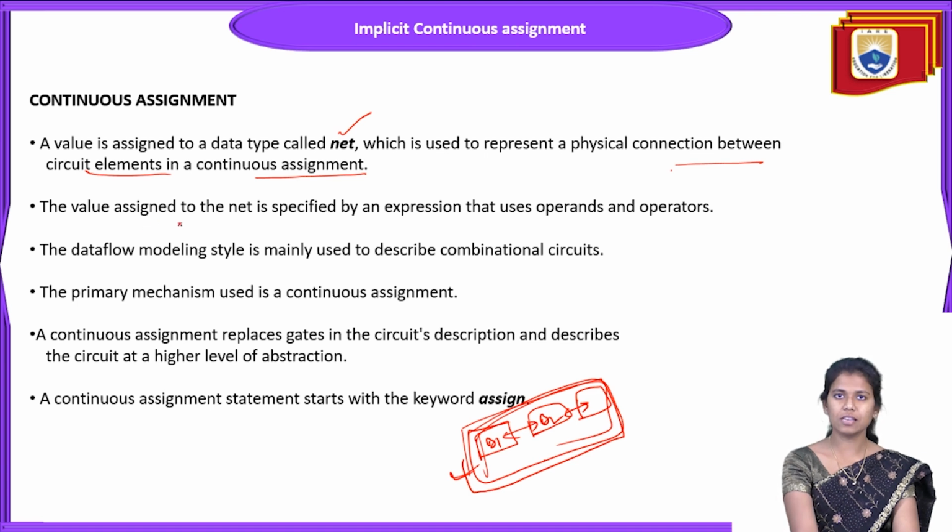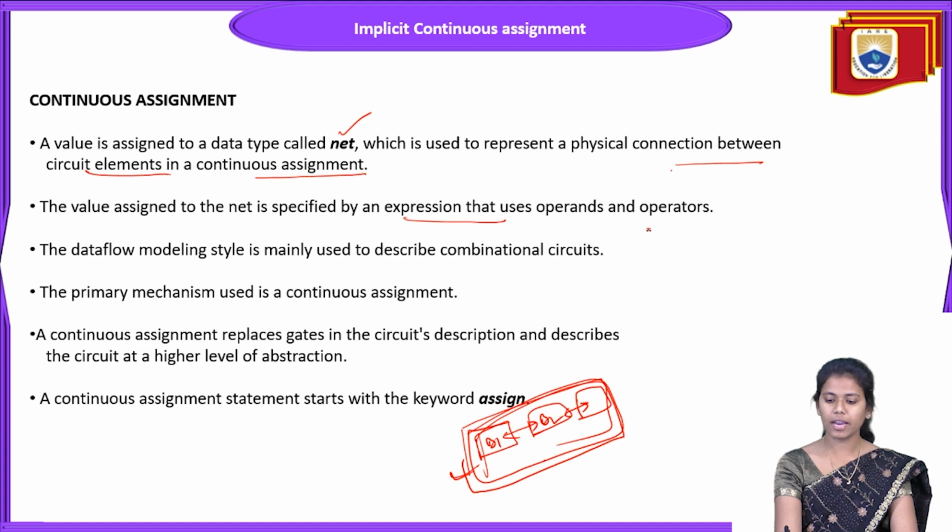Next, the value assigned to the net is specified by an expression that uses operands and operators. Operators could be logical operators, bitwise operators and so on, whereas operands are the variables you are considering.